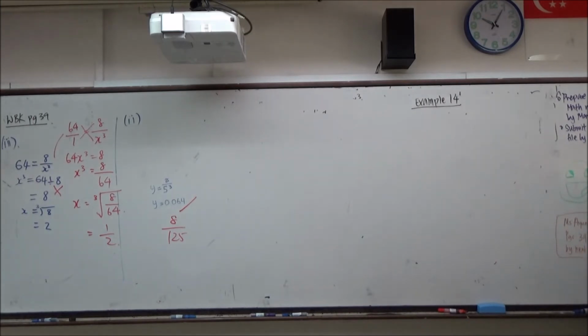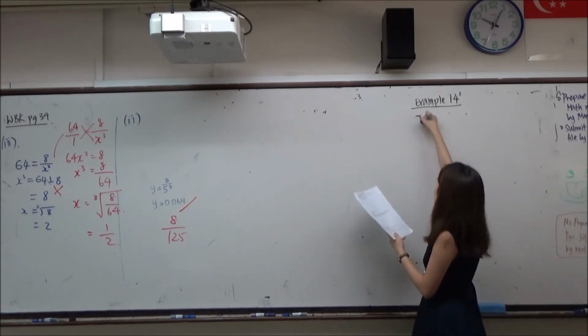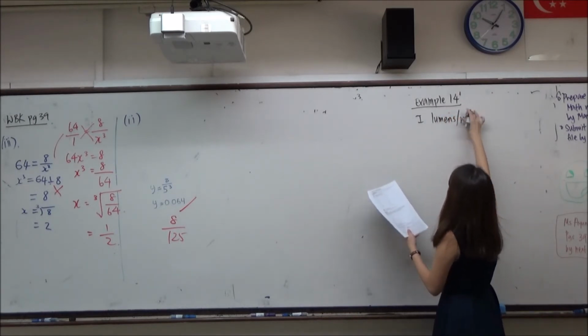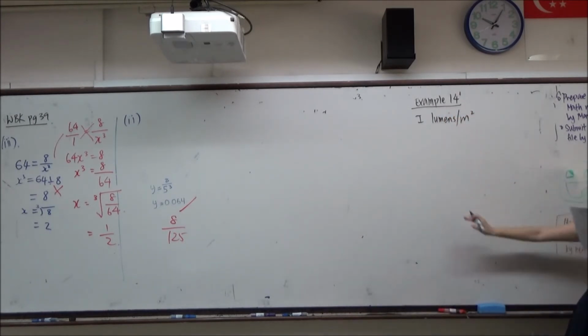Okay, looking at example 14, it says that the intensity of illumination, okay, which is I lumens per meter square. So lumens per meter square is actually the unit, right? I is the notation that we will use.